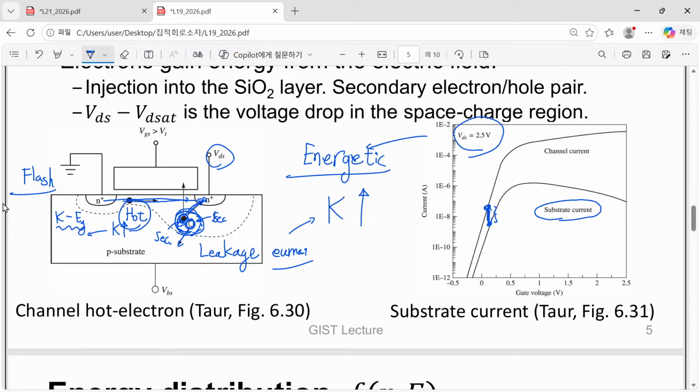If we have that kind of super excited electrons, then for those hot electrons, even the wall between this silicon and this gate, called silicon dioxide, can be regarded as a finite barrier.